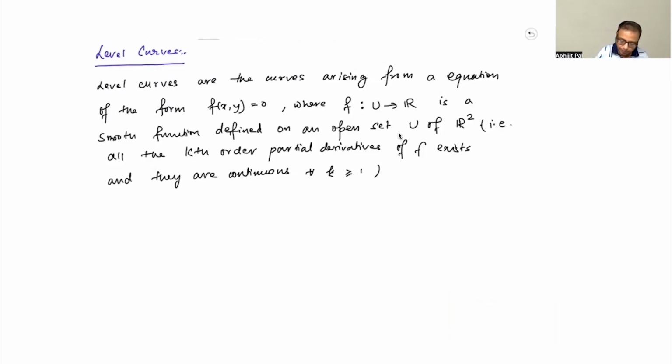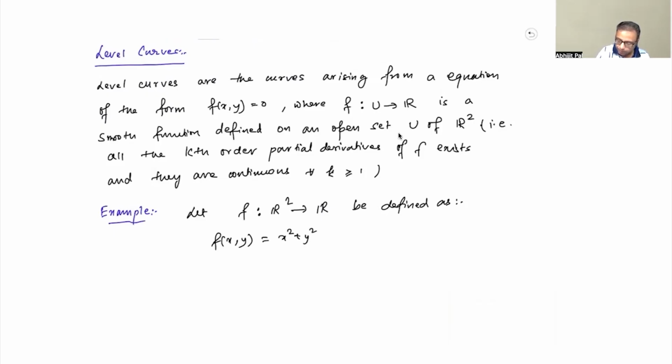So for example, let f from R^2 to R be defined as f(x,y) = x^2 + y^2 - 1.